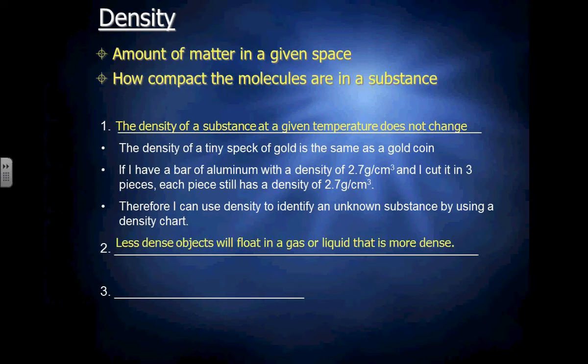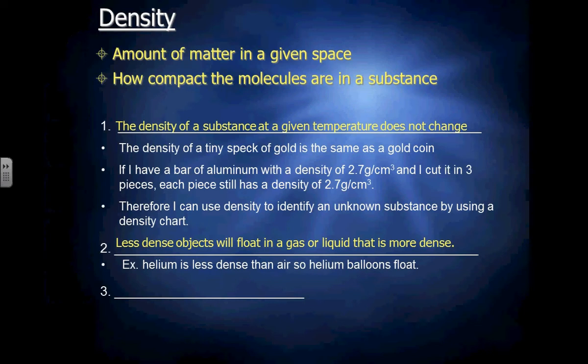All right. Second, density determines buoyancy and how objects float. A less dense solid, liquid, or gas will float in a more dense liquid or gas. Helium is a gas.